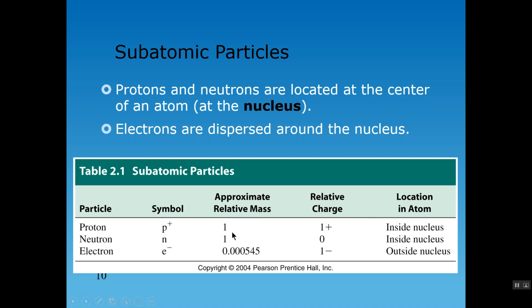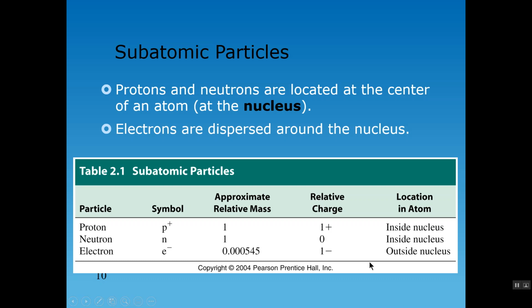The mass of the neutron is approximately the same as the mass of the proton. The charge is 0, and it is located inside the nucleus as well. And then we have the electrons, which are symbolized by this e- here. And you'll notice that the relative mass of the electron is much lower compared to that of either the proton or neutron.